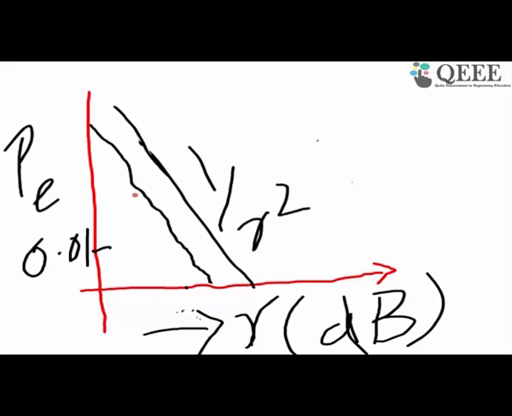This is the 1 by gamma square curve. The second one, 1 by 2 gamma square. Okay.